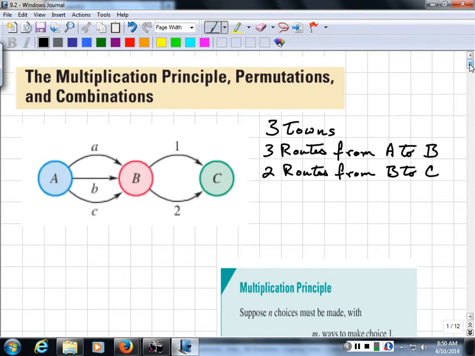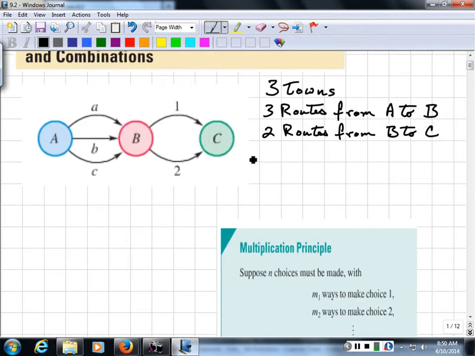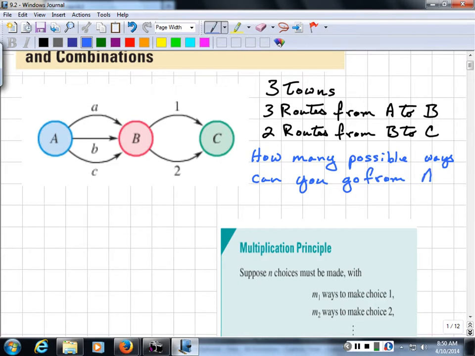Well, the easiest way to figure that out, and that's what we're looking to do, is to ask how many possible ways you can go from town A to town C. And it's actually pretty easy to figure out.